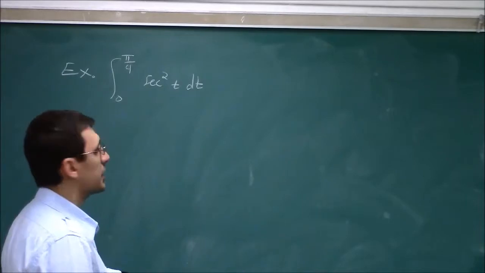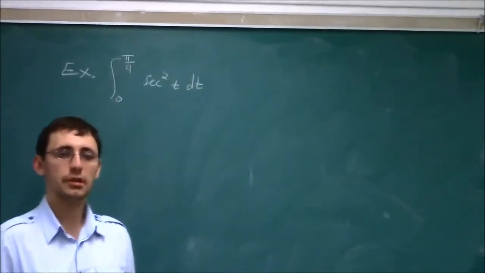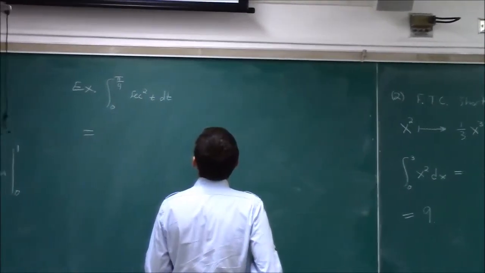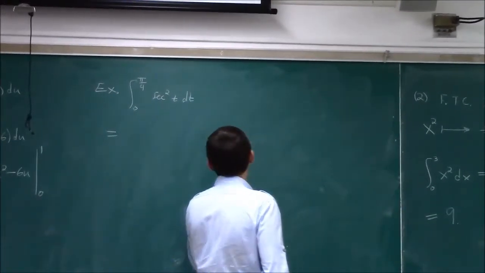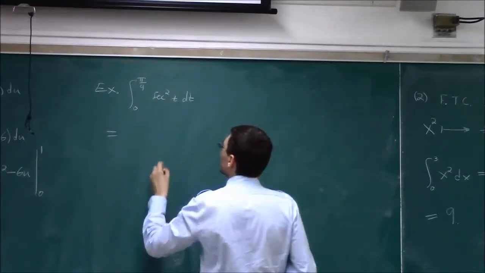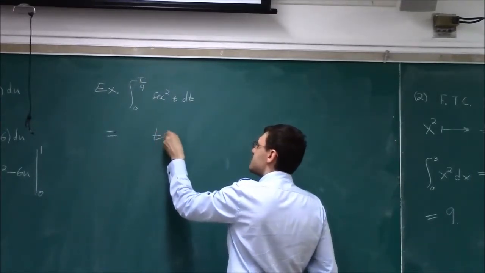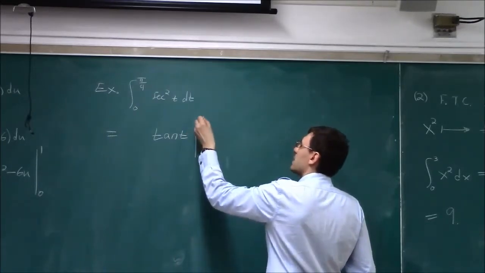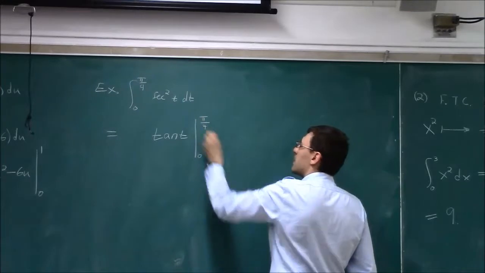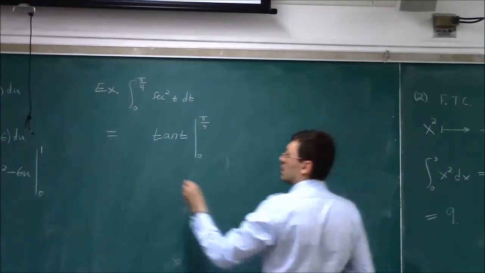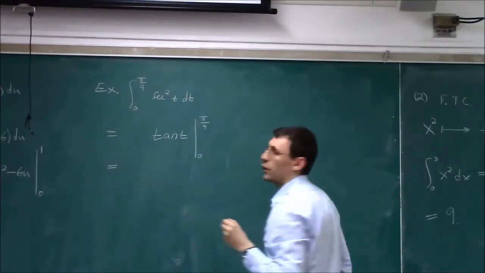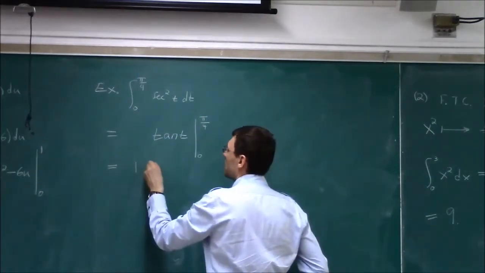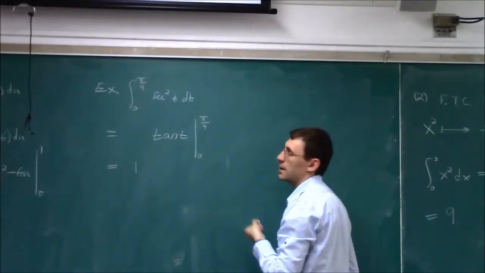What's the antiderivative of secant squared? Tangent. Secant plus tangent would be the derivative of secant, right? We go in reverse. So the antiderivative of secant squared is just tangent. So this is tangent of t, and we evaluate from 0 to pi over 4. And the result is, what's tangent of pi over 4? 1. What's tangent of 0? 0. So the answer is simply 1.